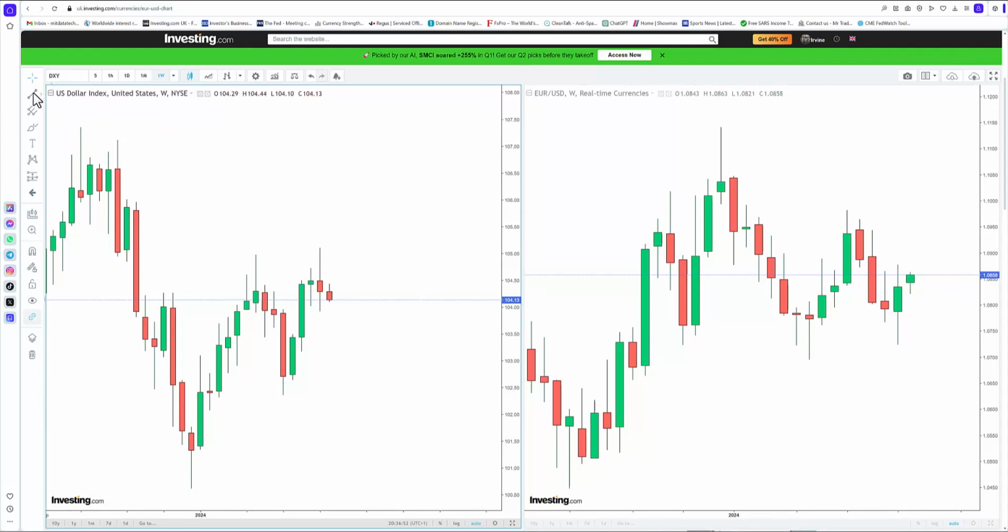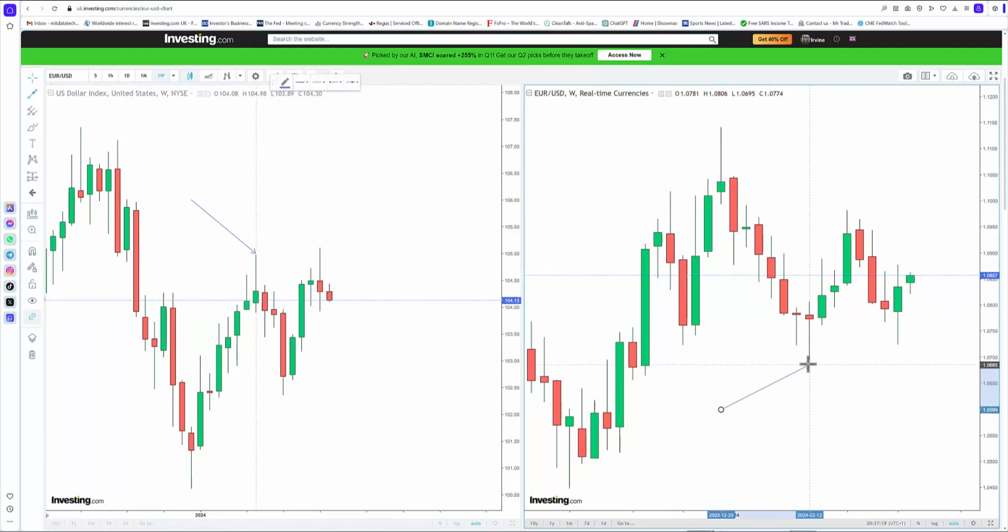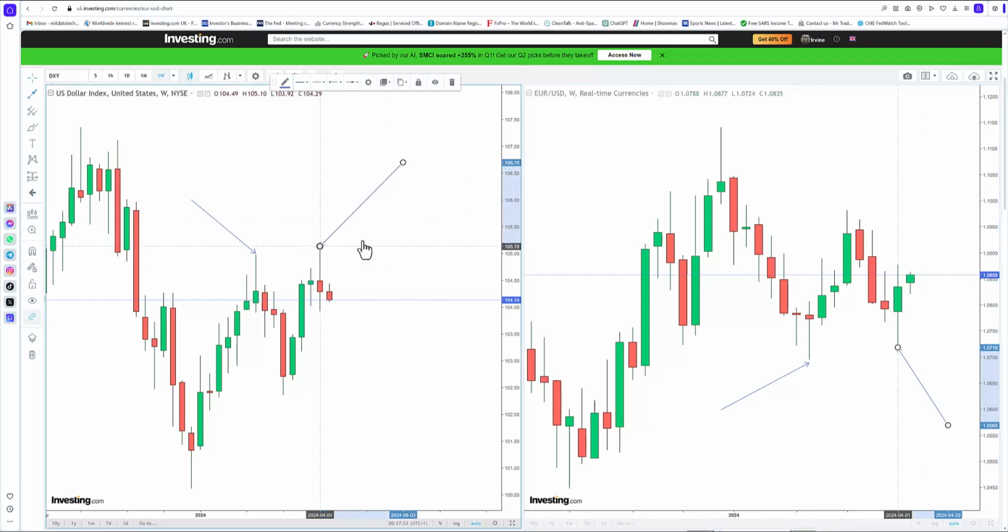Now the swing points that I'm talking about, you can see here, if you see my cursor, this swing high on dollar index. Let me see if I can point it out. So we've got this swing high on dollar index and this swing low on Euro USD, in comparison to this swing low, and also in comparison to that swing high on dollar index.